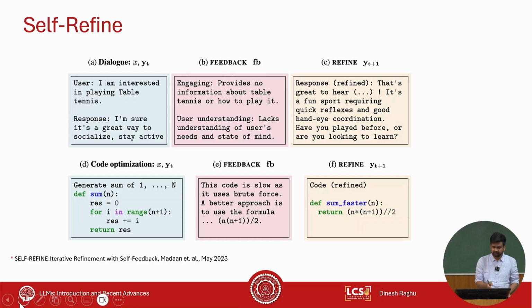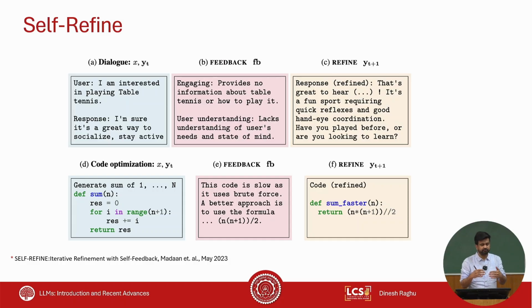So they have, let's see, two examples here, one for code optimization and the other for dialogue response generation. The user says I'm interested in playing table tennis, and the model generates, I'm sure it's a great way to socialize, stay active. This is what the model output gave.